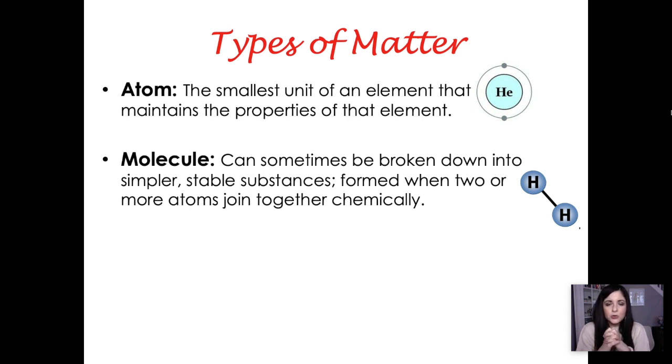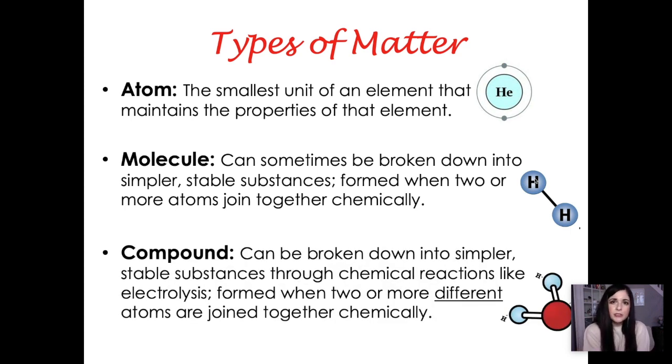But a molecule is when any atom joins another atom by producing a chemical bond. So it doesn't have to be the same atom. They don't have to be different. They're just any 2 atoms that have to be bonded to one another. For example, if I have hydrogen bonded to itself, that is going to be an example of a molecule. It's 2 atoms that are bonded.